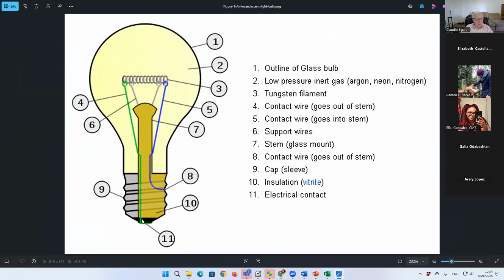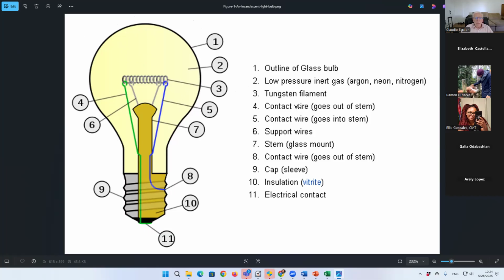What you have to know about the incandescent light bulb: we have the filament, right? In this case, the tungsten filament. Tungsten is a metal. And we must have this enclosure as well to ensure that you do not have oxygen inside.